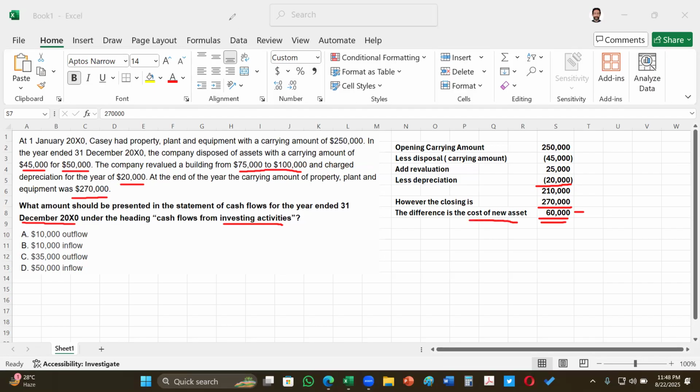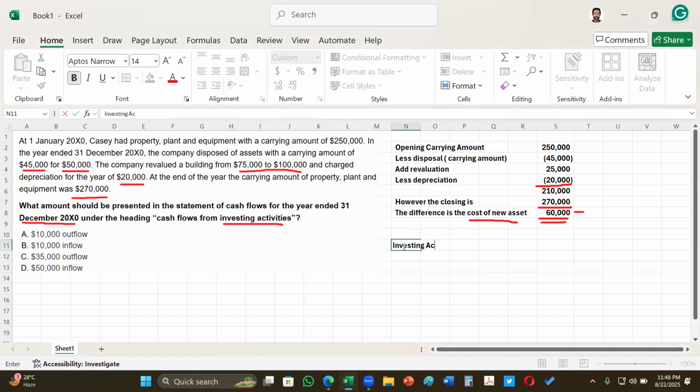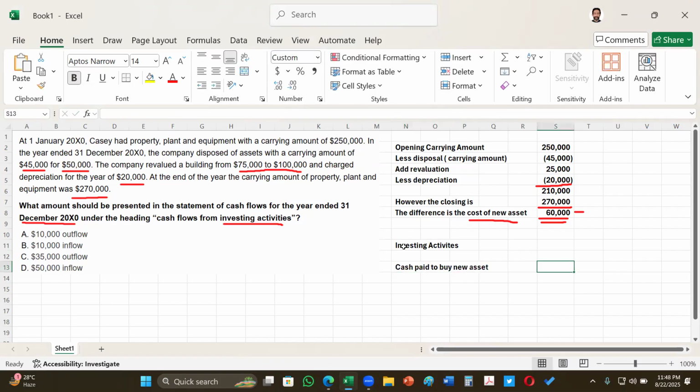So now I will be moving to the investing activities. Since the question is about the investing activities, I will write this cash paid to buy new asset. The cash that I've paid to buy the new asset is 60,000, which is a negative amount here.